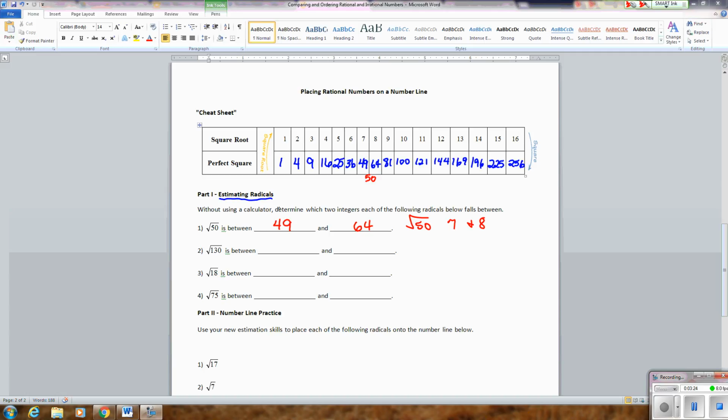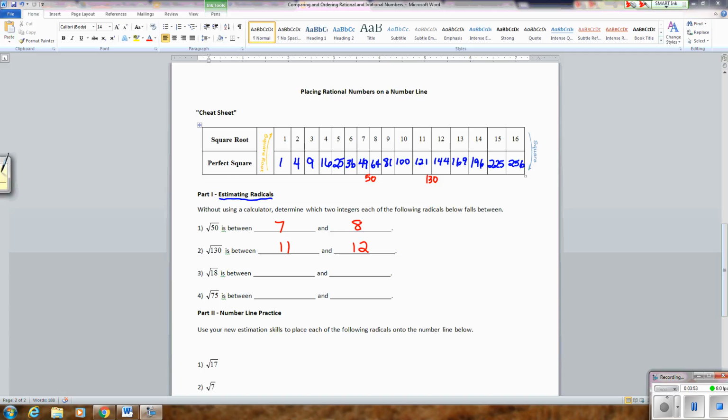So technically, what I should have here is 7 and 8, because 50 fell between the perfect squares 49 and 64. So the square root of 50 is between 7 and 8. So now pause the video and find the two integers that the square root of 130 would fall between. And then you can start the video and see if you're right.